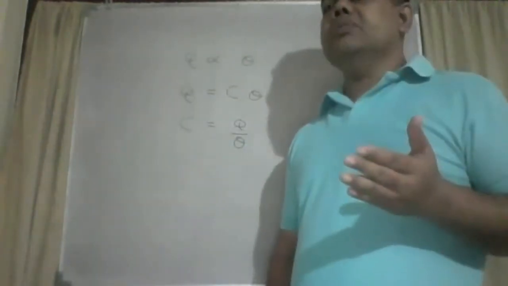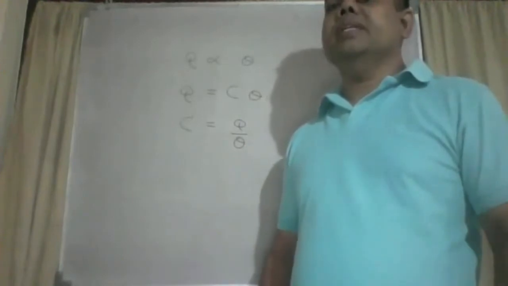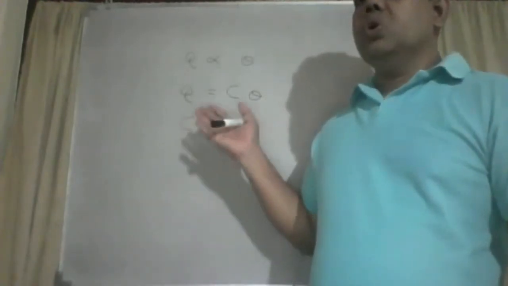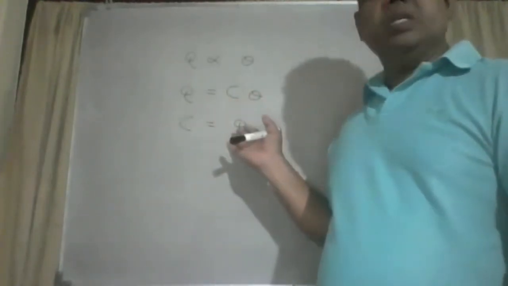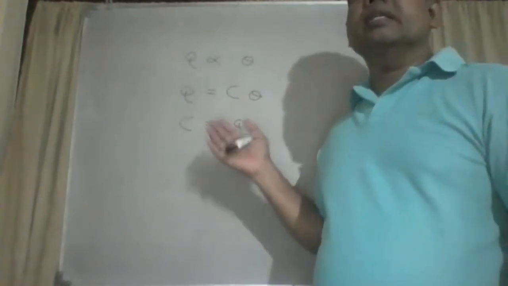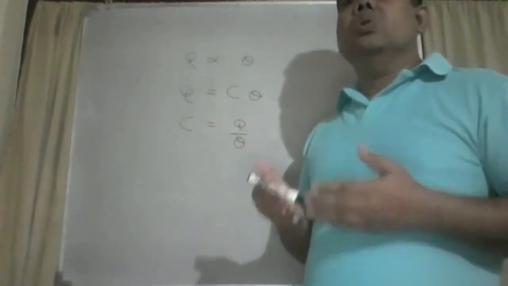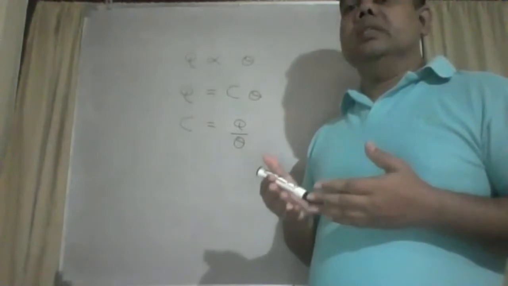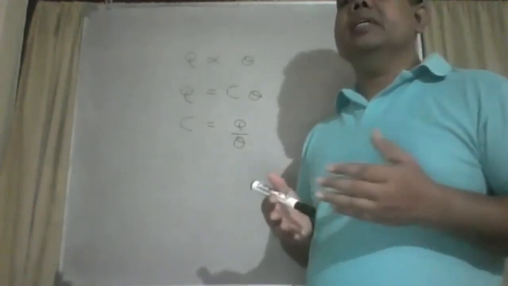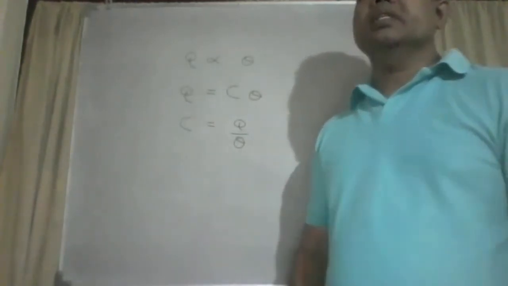Heat capacity of an object can be defined, therefore, as the amount of heat required to change the temperature by unit.